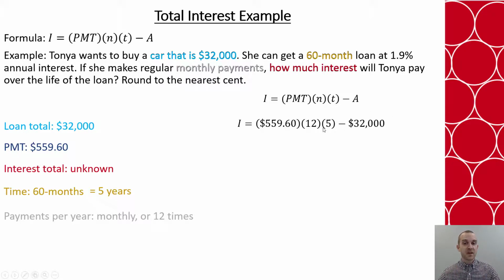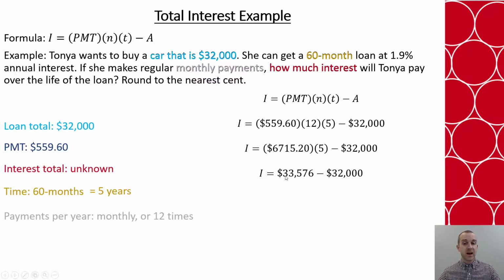Now notice right here the N times T, 12 times 5 is 60. So that's where that 60-month loan comes in. It's one of the ways you can consider what's happening in this case. But I want to multiply just like I would following order of operations. So $559.60 times 12 will give me $6,715.20.